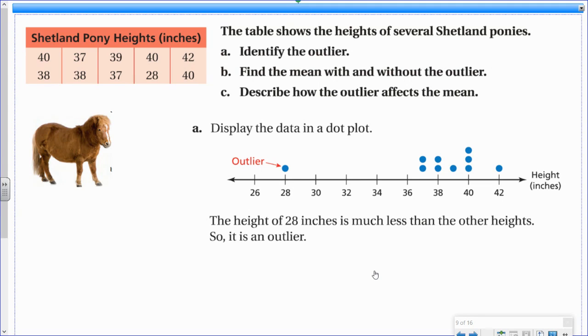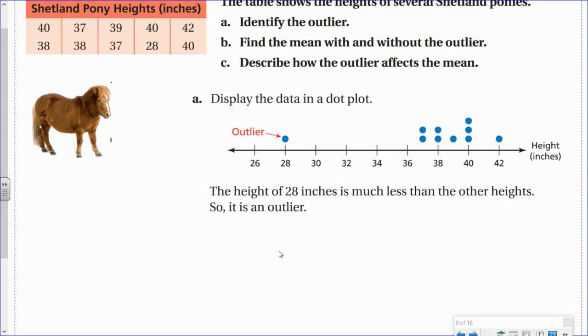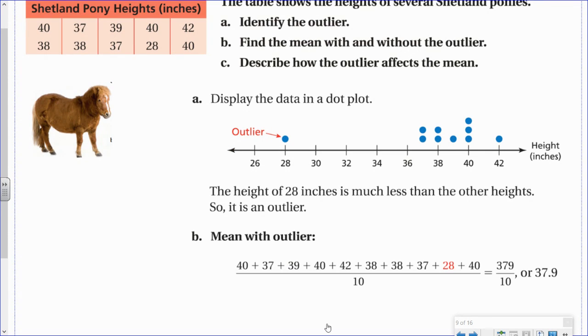So what I'm going to do for part B is I'm going to find the mean 2 different times. Let me show you. The first time, I'm finding the mean with all of those pieces of data from the table. If you notice, I included that outlier of 28. That makes 10 pieces of data. So once I add them all together and get 379, I divide by 10, and I get 37.9.